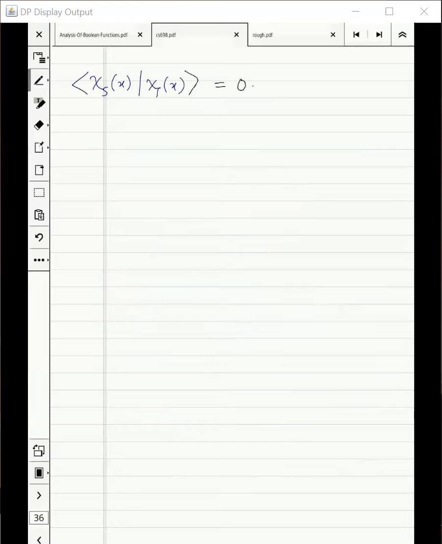In other words, I want to show that if I take all x in {-1, 1}^n, this is 0. Actually, to be precise, this is 0 if S and T are different. Otherwise, it is going to be 1. This is what it means to be orthonormal, right?